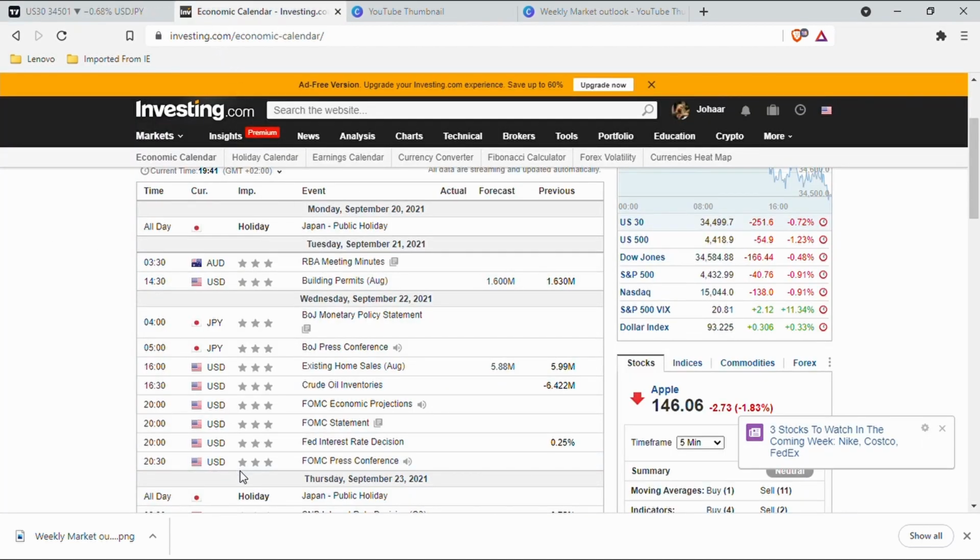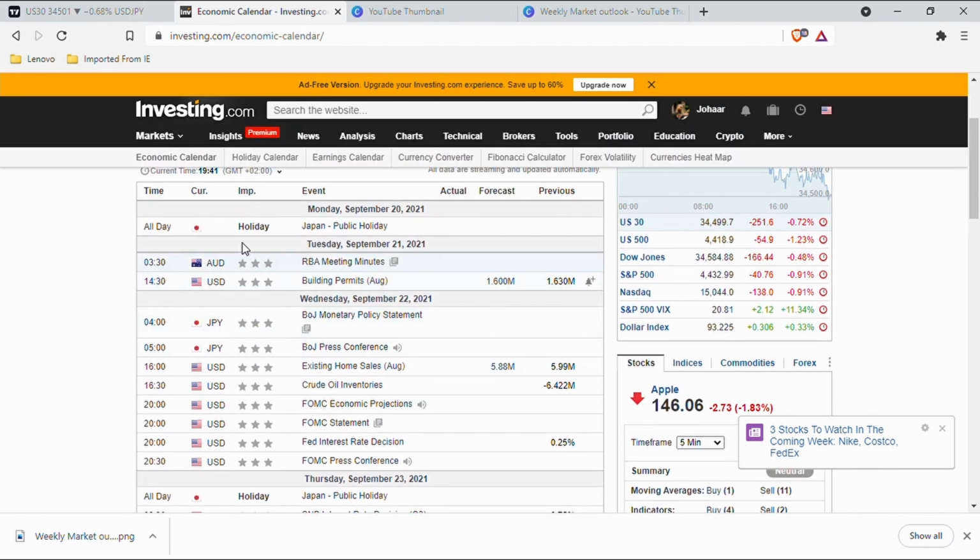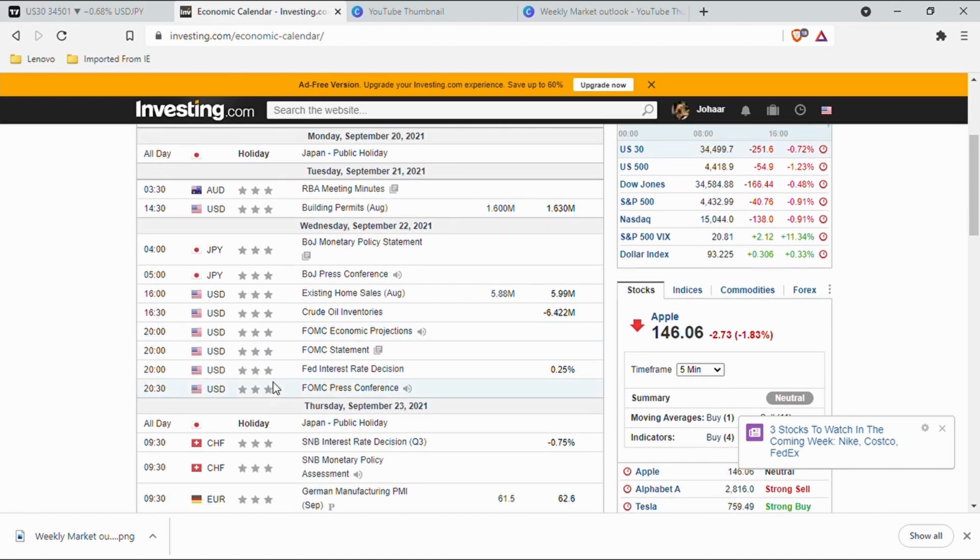In terms of the fundamentals, there's a lot going on this week, particularly in the USD. Based on everything we trade, the USD economic calendar is actually important for us. We have building permits, existing home sales, crude oil inventories, and then we jump into the real demons: FOMC economic projections, FOMC statement, Fed interest rate decisions, and then the press conference.